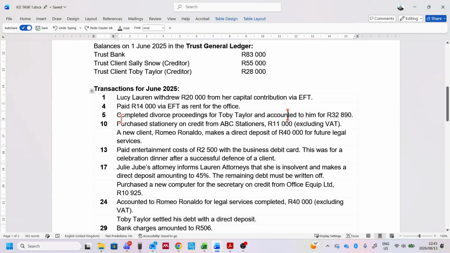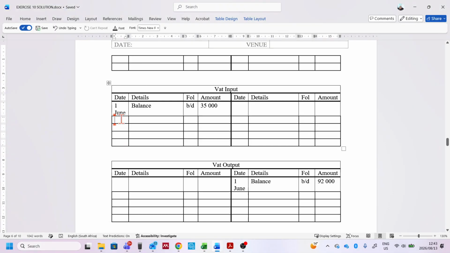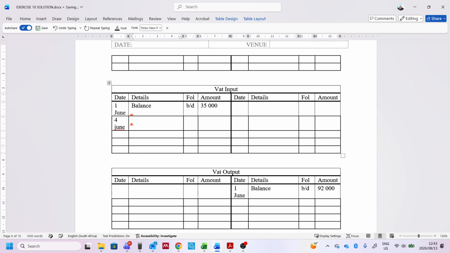We've got one for the fourth, which we paid rent. So this means that here it's going to say the 4th of June. So which account was debited, right? So what was the account credited? Business bank.